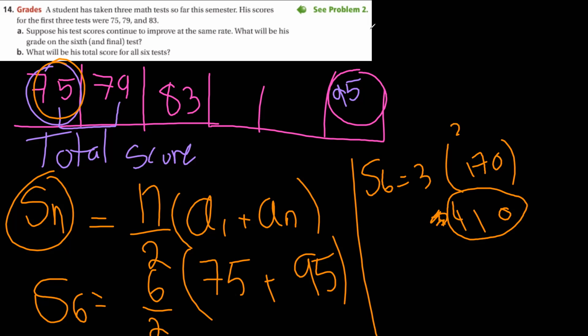If you want to check that my answer is correct, or that this formula is correct and it can work, at home try to find a sub 4 and a sub 5. How can you find a sub 4?